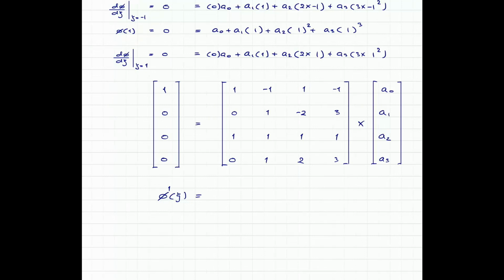So we have 0.5 as A0, minus 0.75 as A1, 0 for c squared, and plus 0.25 for c cubed.